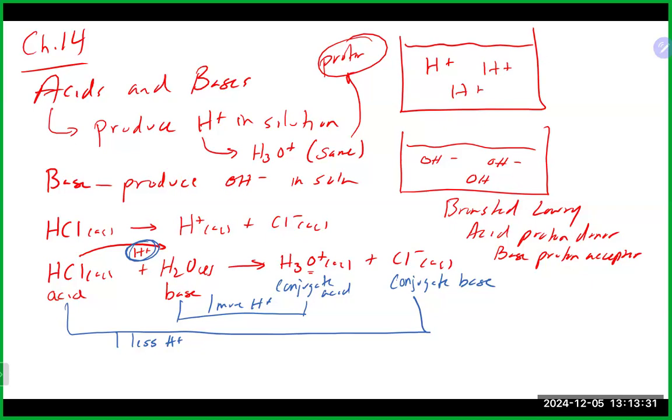actual H plus. If there is any difference other than those two things, then they are not related to each other. They're not considered pairs. It has to be really only that difference between those two things.